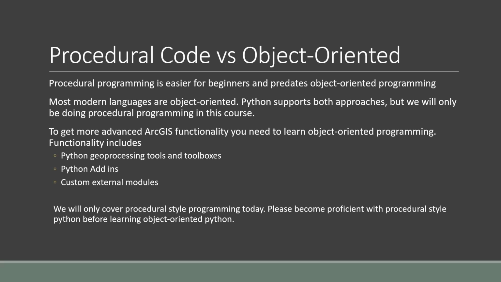When it comes to ArcGIS, the majority of stuff when you're beginning out will all be in procedural style coding. But since Python supports both, you'll find that there's a lot of functionality that you actually need to use Python objects for. You won't be able to avoid it. We're not really going to go over object-oriented programming here.